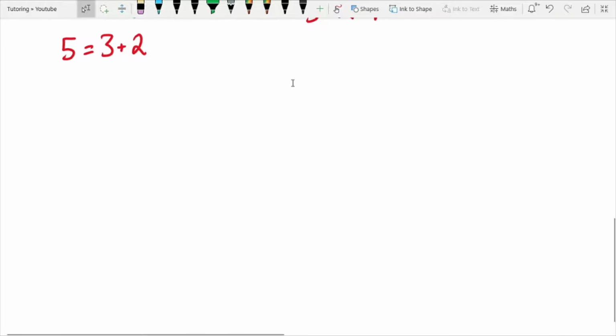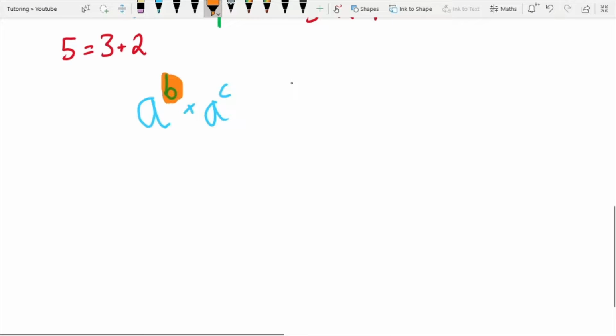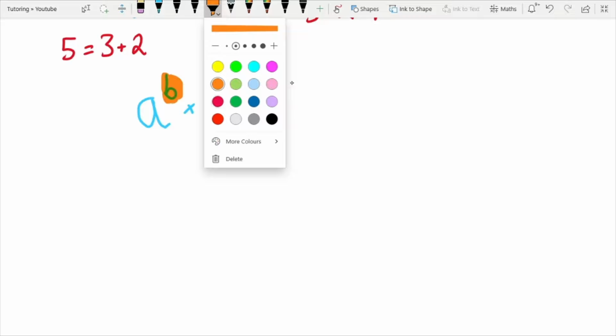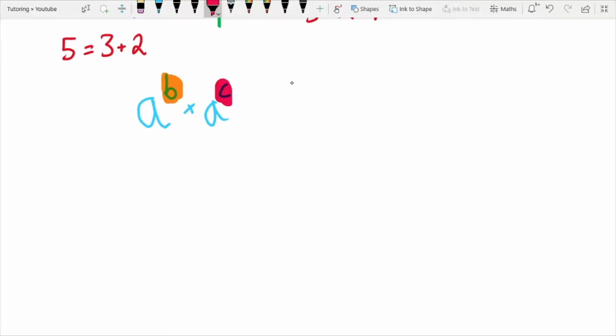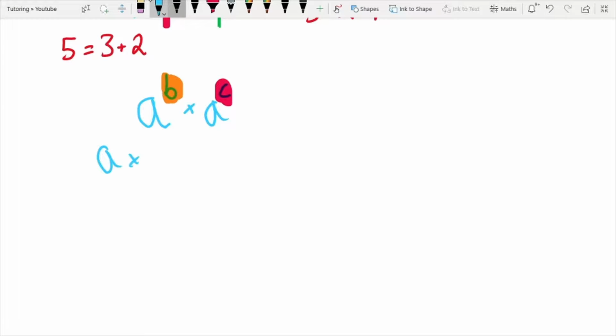Say we have A to the B multiplied by A to the C. I'm going to highlight this one here orange. That's not a nice colour combination. And this one here a redder colour. So we start off with A times A times A. And how many A's are there?